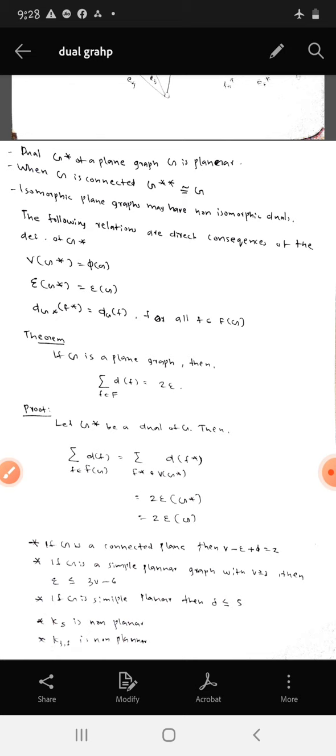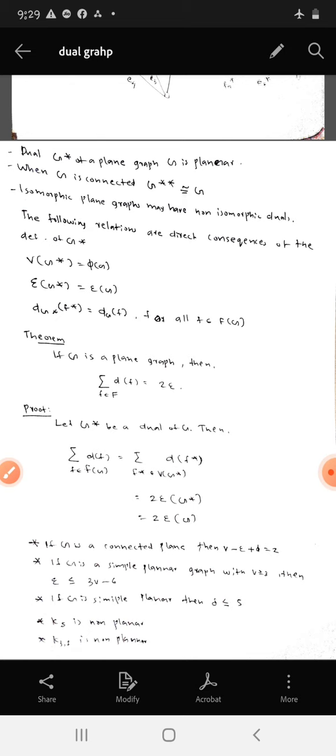V of G star equals phi of G, epsilon of G star equals epsilon of G, and d of G star of F star equals d of G of F. That is, the degrees in the dual graph and the graph are the same for all F belonging to G.